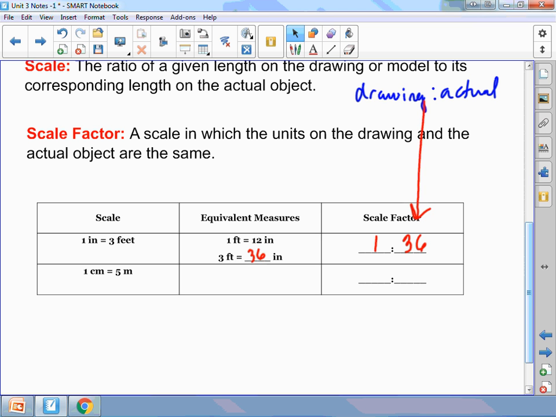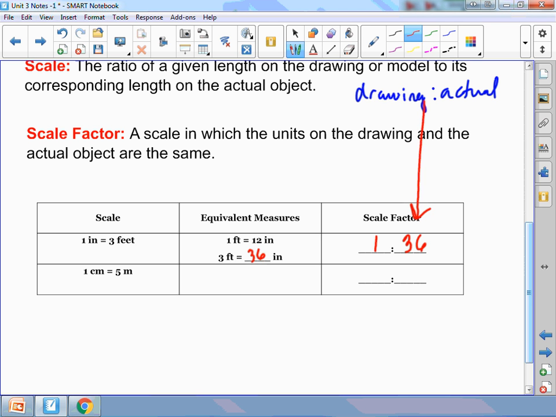So that's an example of a scale that you would use on that. So last one here: 1 centimeter, 5 meters. That's a scale, different units. Scale factor means we convert them into the same units. So what would 1 centimeter to 5 meters look like as a scale factor?